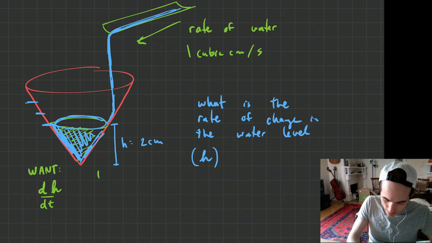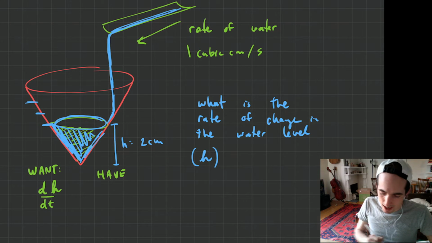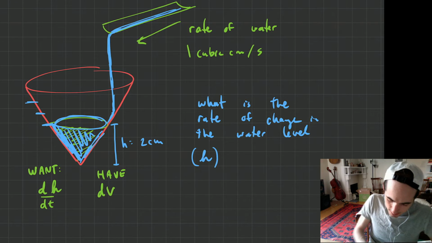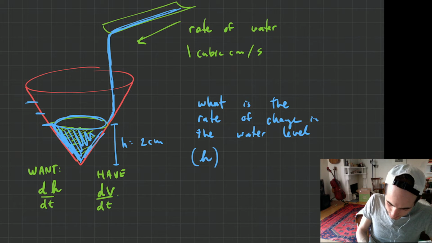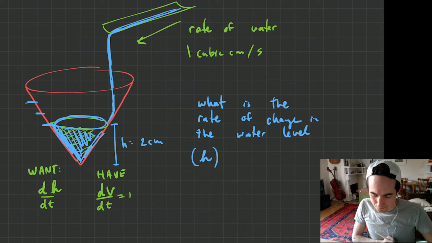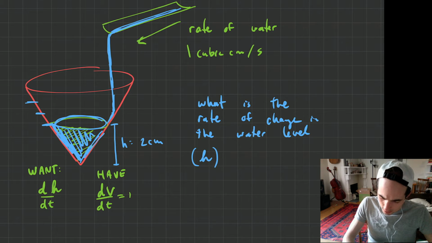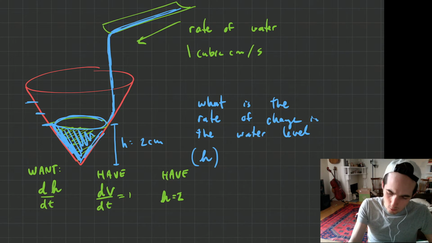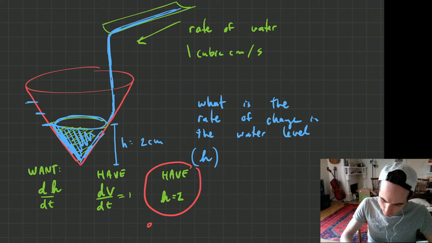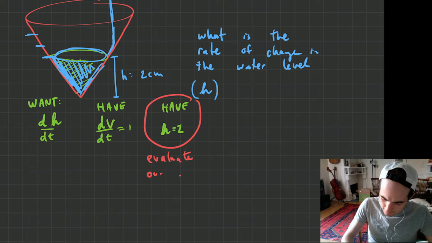This is what we have: the rate of change in the volume, dV by dt, is equal to 1, and we also have that H is equal to 2. But remember, this value right here, this is what we're going to evaluate our derivative at after the fact, after we differentiate.